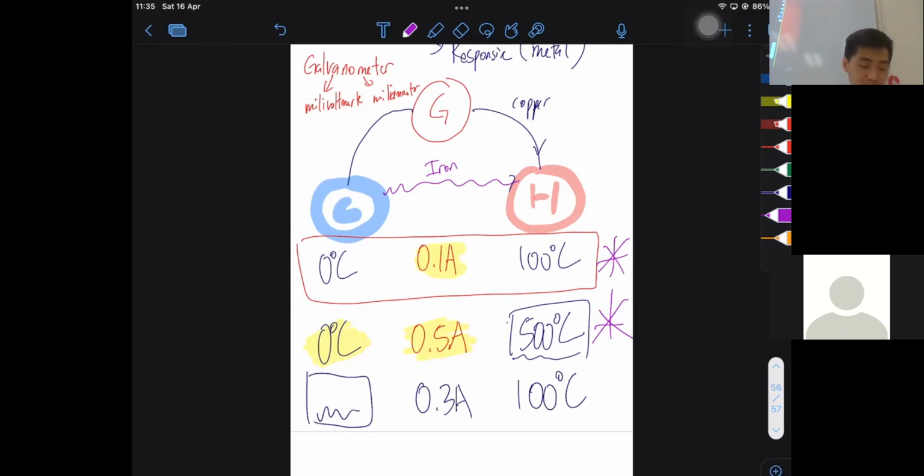Zero? If it's 0, then wouldn't it be the same as the first one? Here is 0.1, here is 0.3. How can here be 0? Minus 0.3, that's wrong as well.